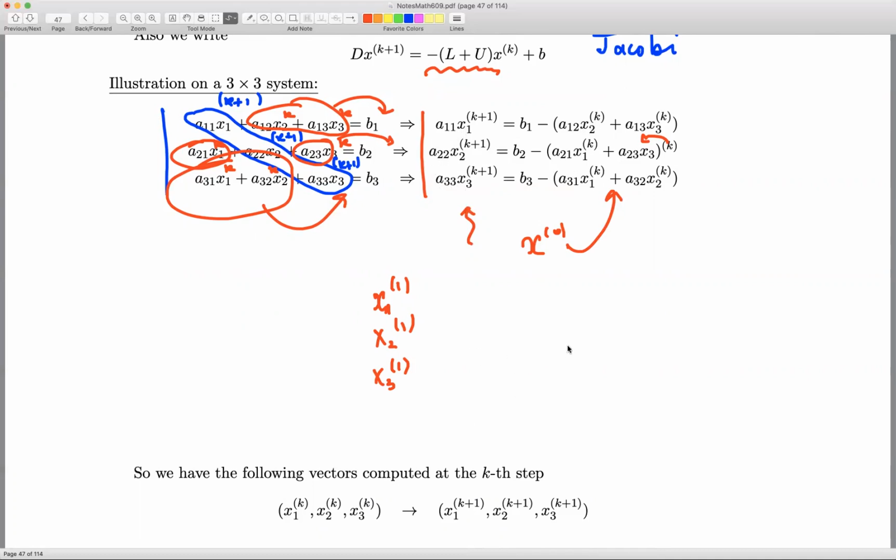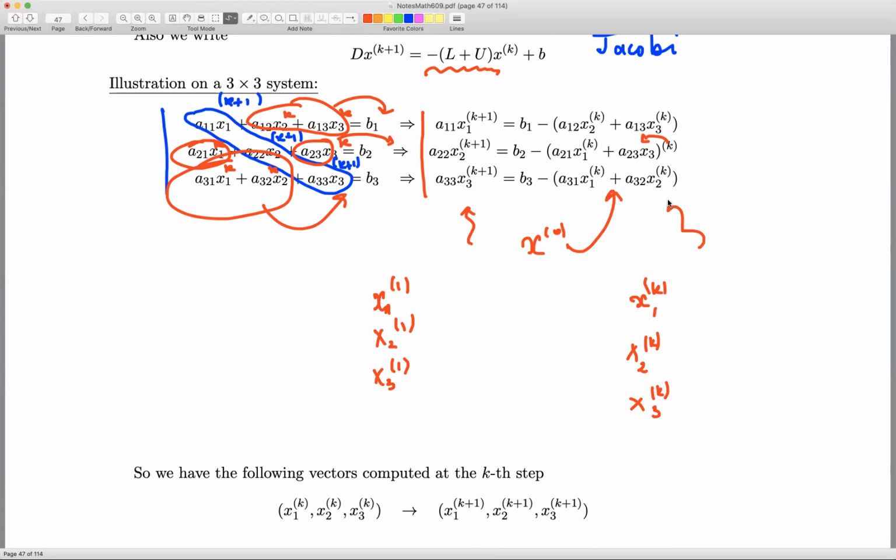And in general, if we have in our hands the vector xk, then we will have the first, second, and third components of xk.